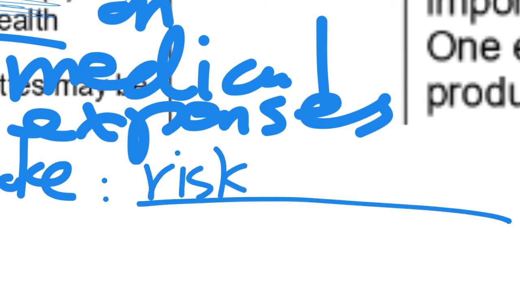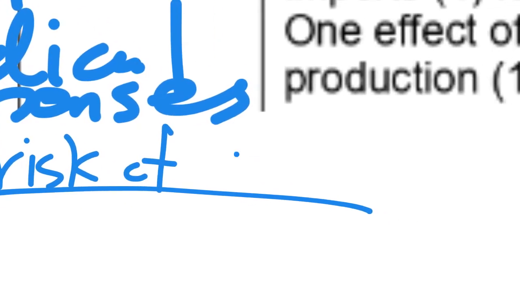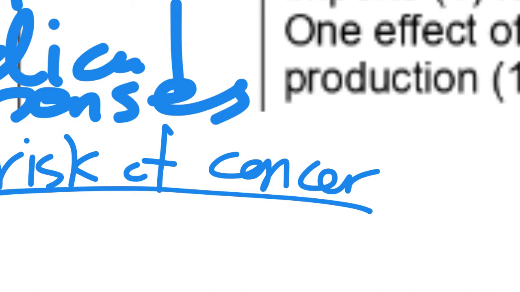You may elaborate further, like the risk of cancer. So you raise the risk of having cancer for those non-smokers. So you might want to state very clearly. So these are all for part B.